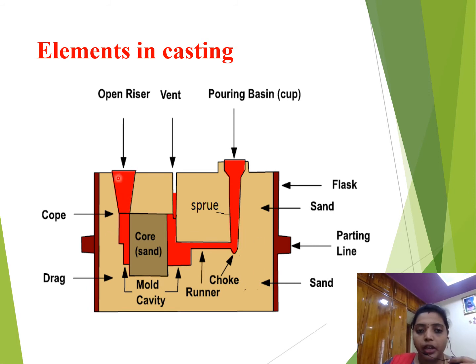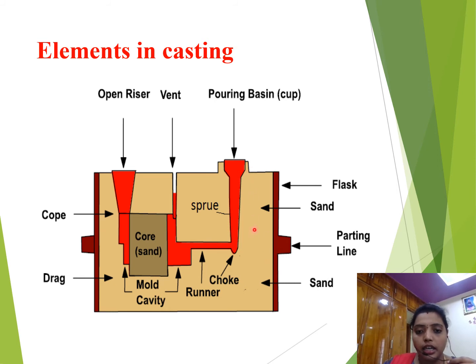The line which divides these two boxes is known as the parting line, as I already told you. It has not been shown here, but we have the parting line. This is the locking system of these two boxes.